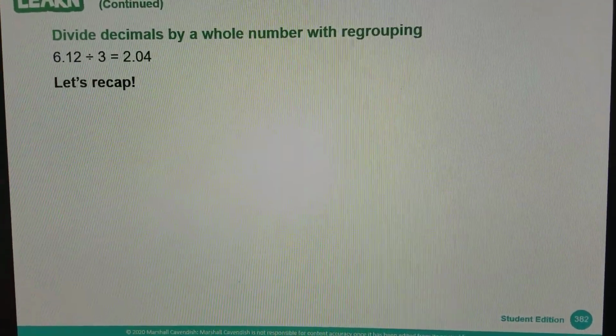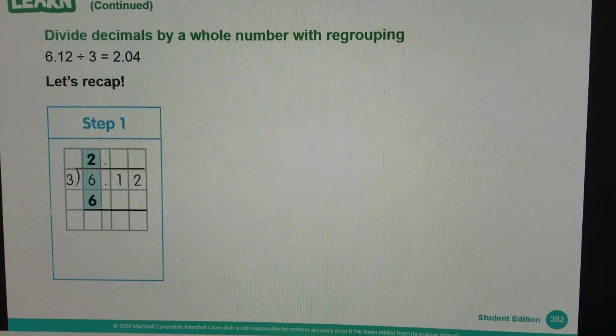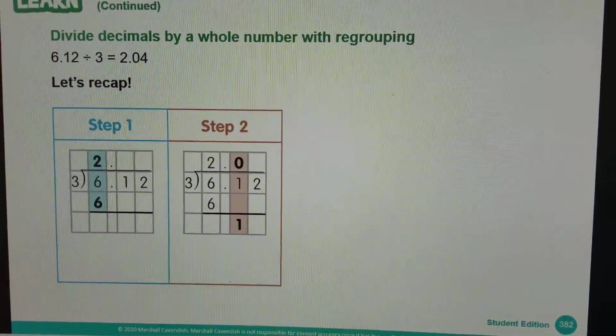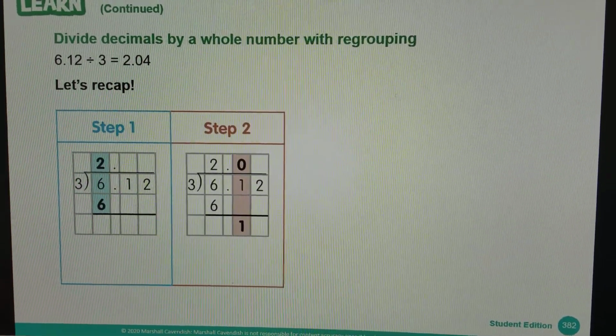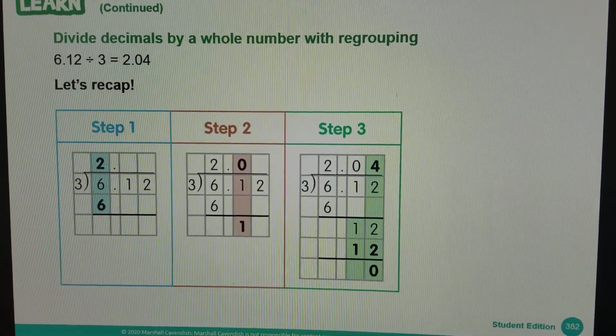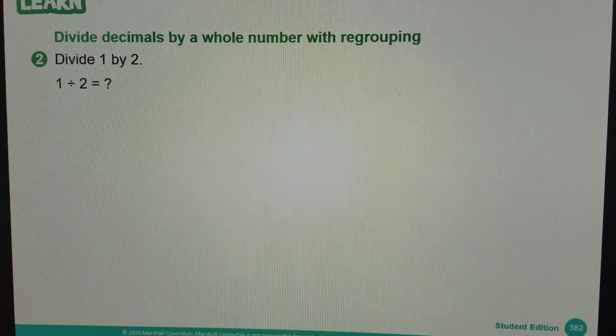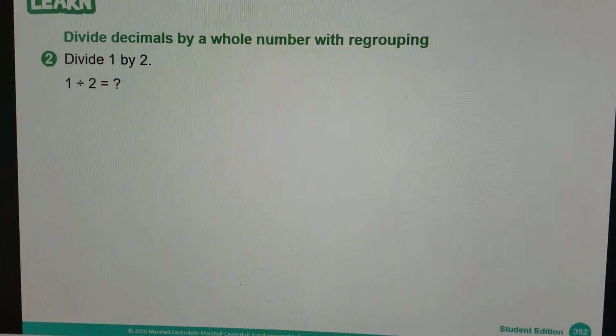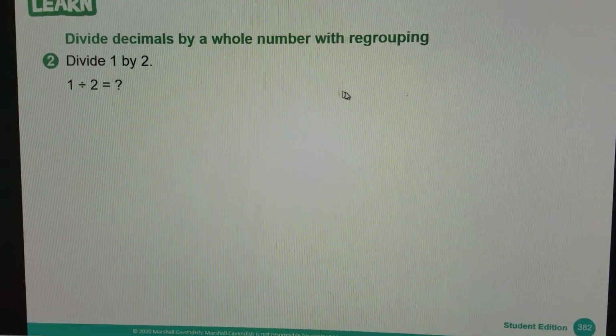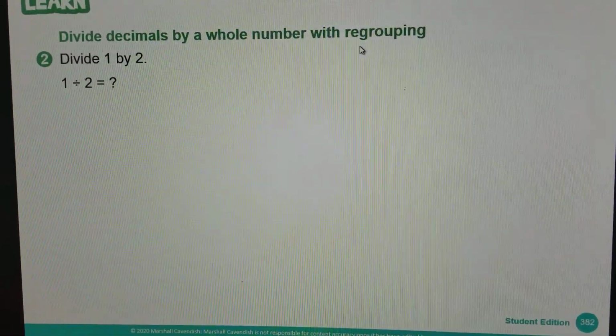Okay, it's going to recap for you. So 3 into 6, 2. 3 into 1, we can't do. So now that 1/10 becomes part of the hundredths. So 3 into 12/100 is 4. Okay, now we're going to do more regrouping. And soon we'll start rounding.